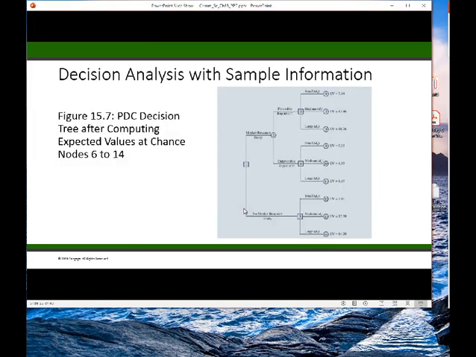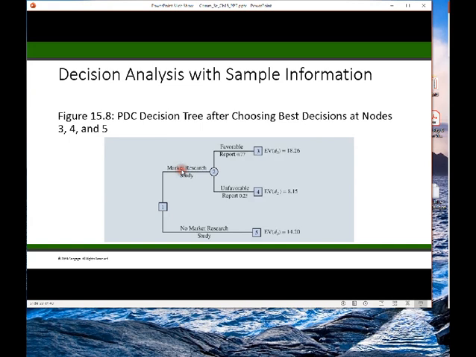So here we see we're collapsing down our branches, and here we've done the expected values of the strong and weak demand, and now we've got the three expected values for our decision on the outer right side of our decision tree. And we'll keep collapsing down by computing expected values.